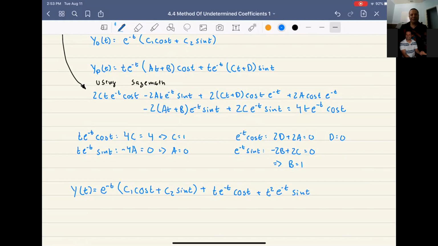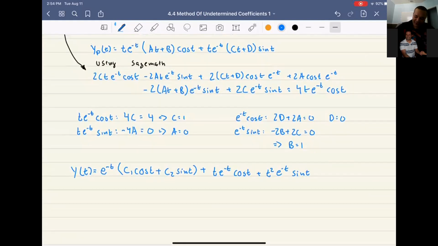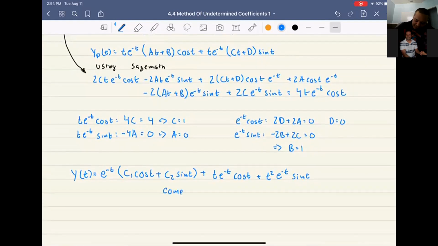Okay, we're almost done here. I want to compare with the answer that we got when we did it completely by cheating. Let's go back to the original.